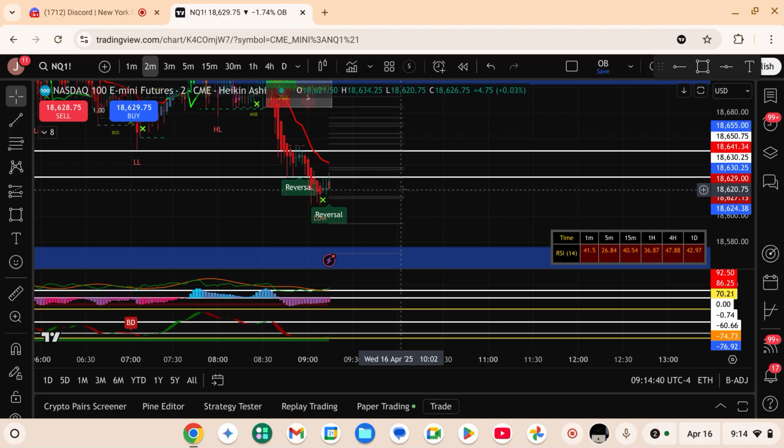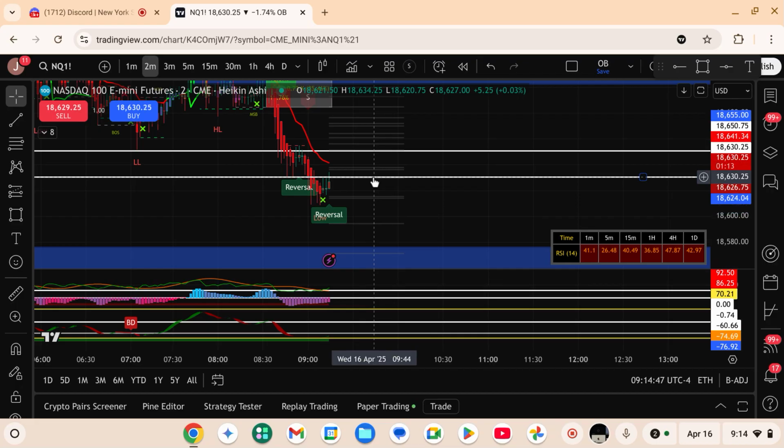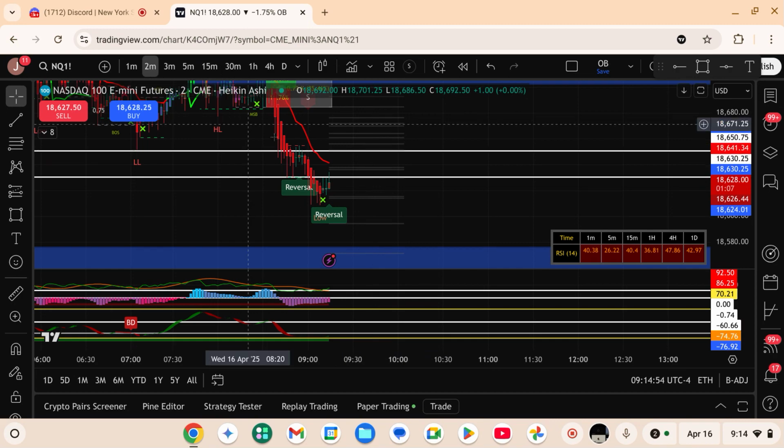So if we can break above this white line here, this is the bottom of a half-hour consolidation, and then this white line right above it is the 15-minute market structure break.